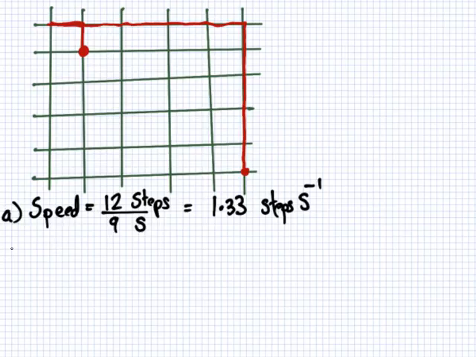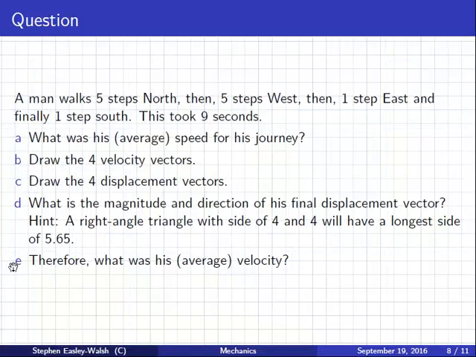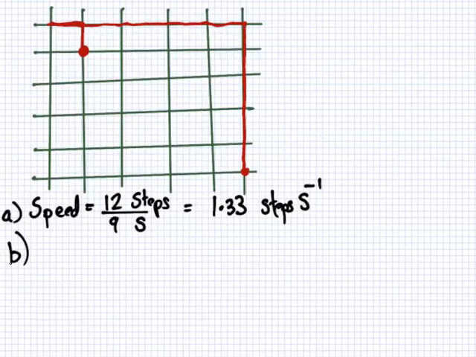Okay. B. Draw the 4 velocity vectors. So the first velocity vector is he's traveling this way. The second velocity vector is this one. The third one is that one, and the fourth one is that one.